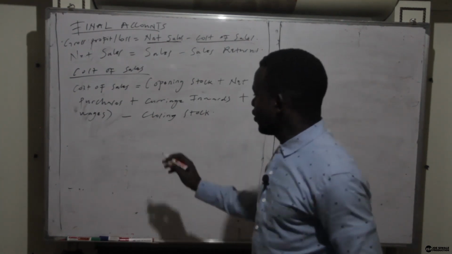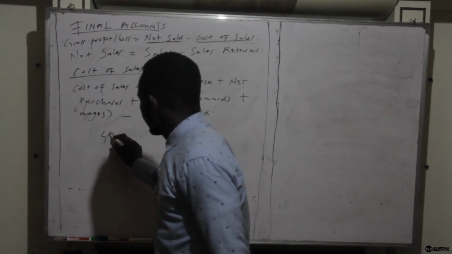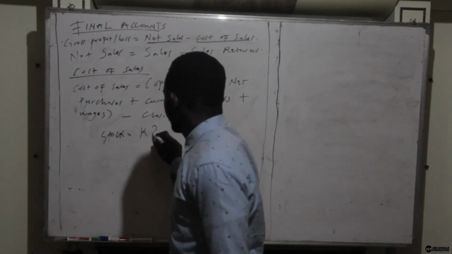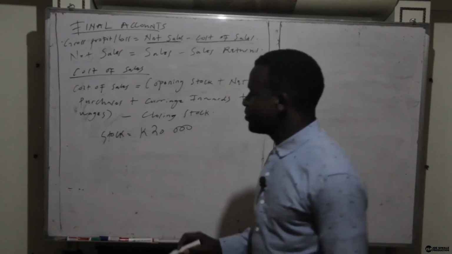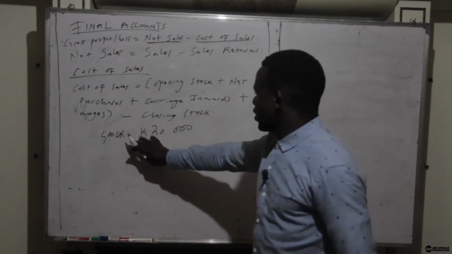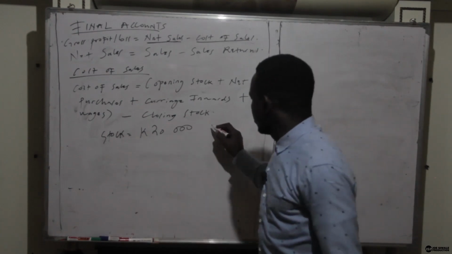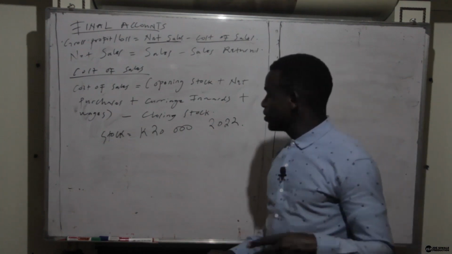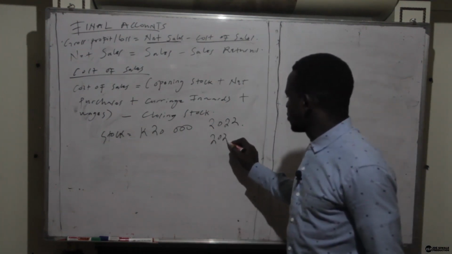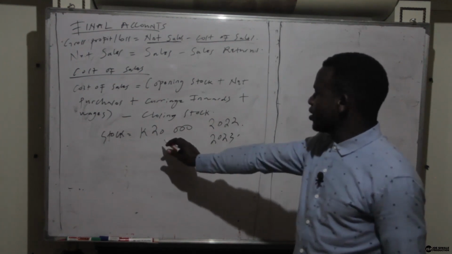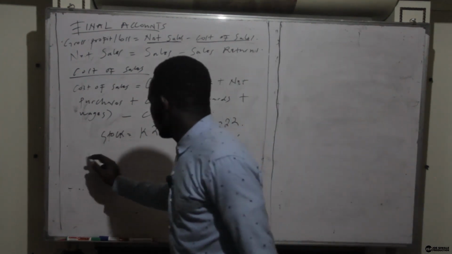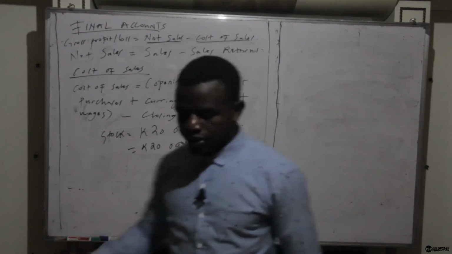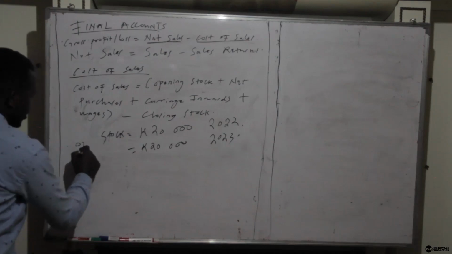For example, if the stock for last year when the business was closing was 20,000 kwacha, which means this is 2022, that means that this year, which is 2023, this is going to be the opening stock.